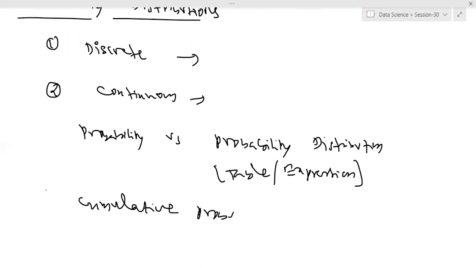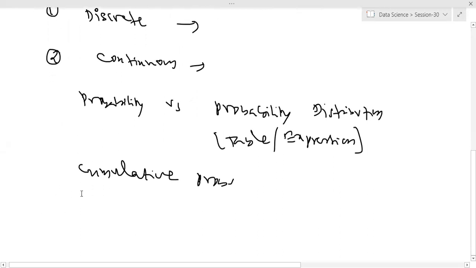Those things you can easily observe related to the cumulative. Thereafter we have seen other things like expectation, that is mean, and variance, while talking about probability distributions.